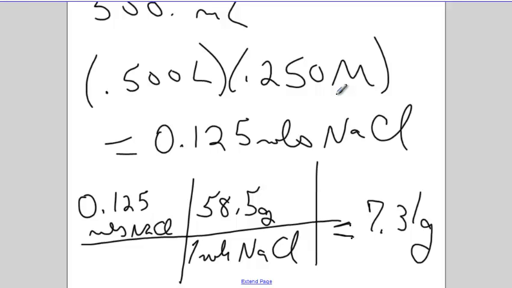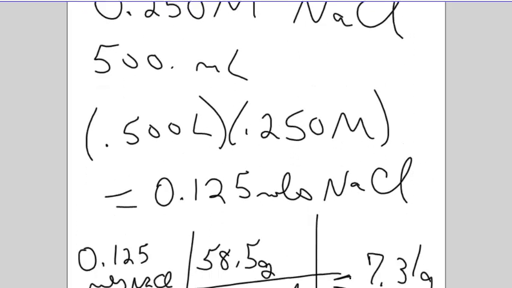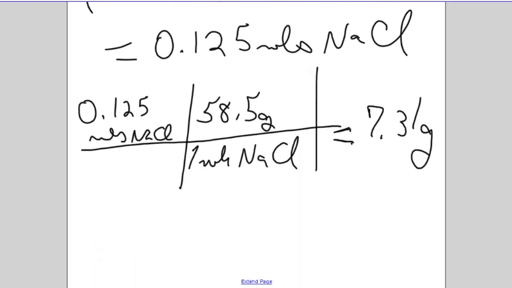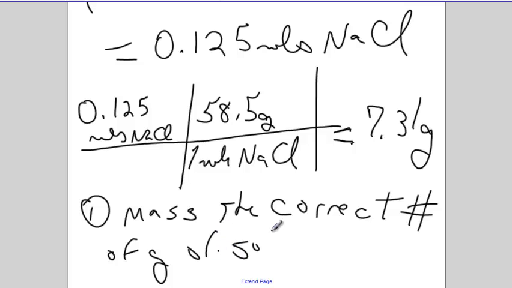So, I walk over to the balance, and I mass 7.31 grams of NaCl in some sort of weigh boat or beaker or something. Now, the easiest thing to do, remember we're going for 500 mils here. So step 1 was mass the correct number of grams of solute.